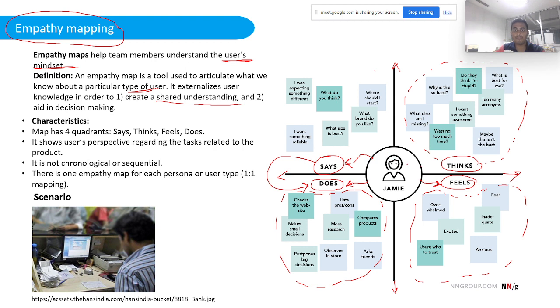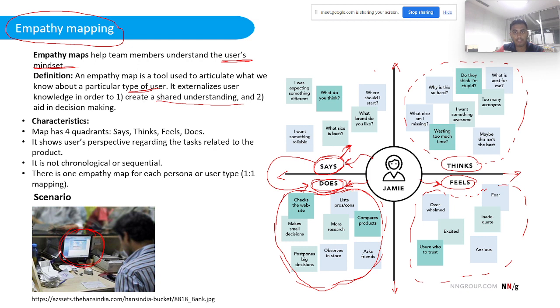For example, if the user, while operating a particular application, complains, "Oh, I'm not liking this," but actually what he's doing is something different, he's really completing the task in a very efficient way, that means he has problems on this part, his saying part.